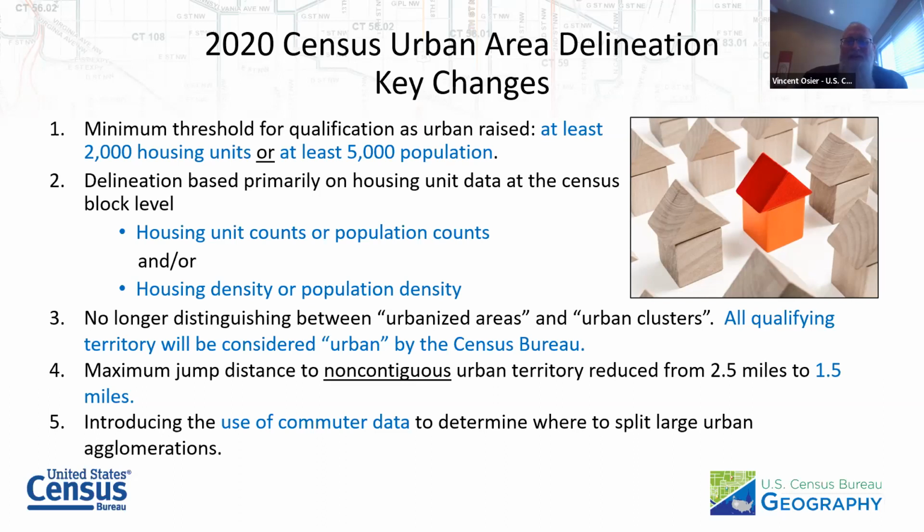The other one that has triggered a lot of questions, in seeing the actual urban area delineation from the census, is when we reduced our jump distance from 2.5 miles to 1.5, meaning that there's less spreading or connection of non-contiguous urban areas together, which is again in response to many comments we've received after 2010, as well as in the past.